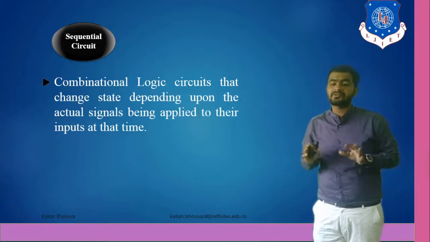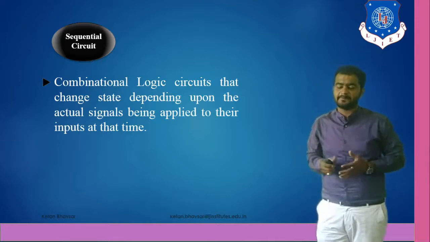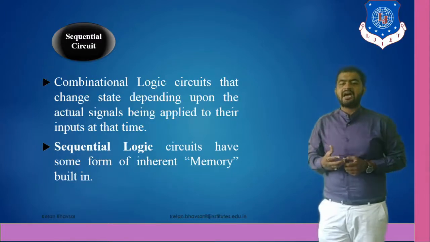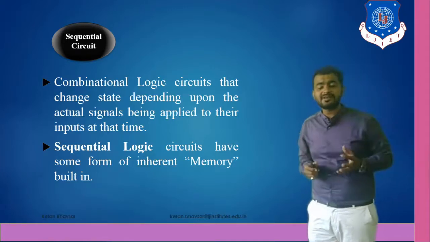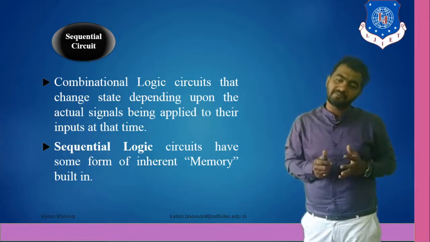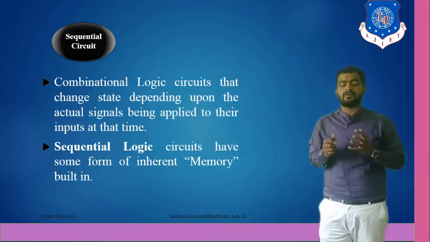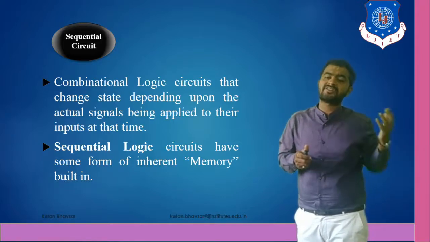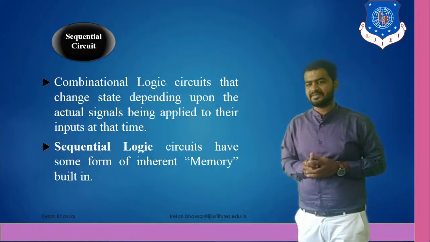It does not depend on the previous value, or we can say that it does not store any previous data. Sequential logic circuits have some inherent memory built in. So when we're talking about a sequential circuit, ultimately we're talking about the memory element in terms of the flip-flop, which is used to store the data or information. It depends on the previous value too. So it's called sequential logic.